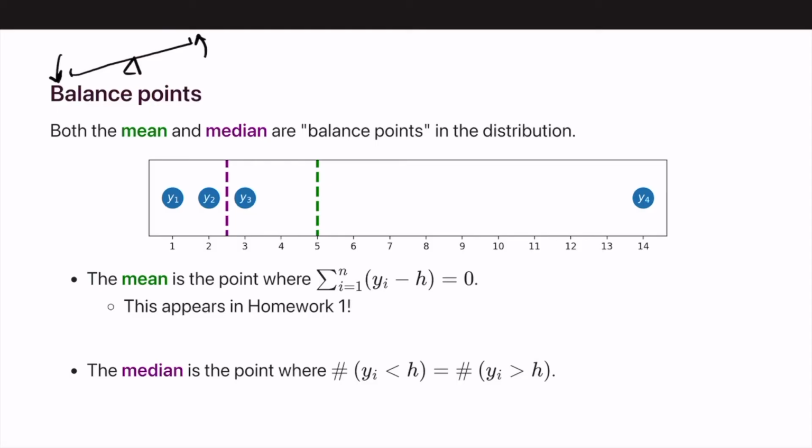So in this case, we've got 2 below and 2 above, and that's why the median can occur anywhere between these two values of y2 and y3, in this case 2 and 3. So that winds up being very easy. Now for the mean, there's a little bit more to it.